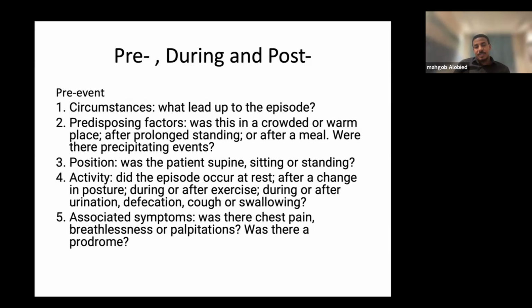I will give an example and you tell me, is it high risk or low risk? A patient was standing for a long time, doing shopping for example, and it's a bit crowded and warm.